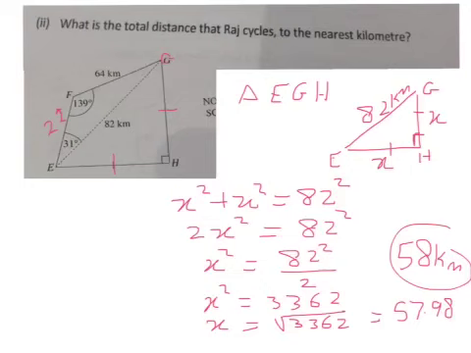So this means we found that EH is equal to 58 kilometers and GH is equal to 58 kilometers because they are equal sides. Now you can answer the question, which is the total distance that Raj cycled. He started from E, gone to F, from F to G, from G to H, and from H back he finishes at E. So E to G, he does not cross that dotted line. That was given to us as a clue or as a hint to be able to find the other missing sides.